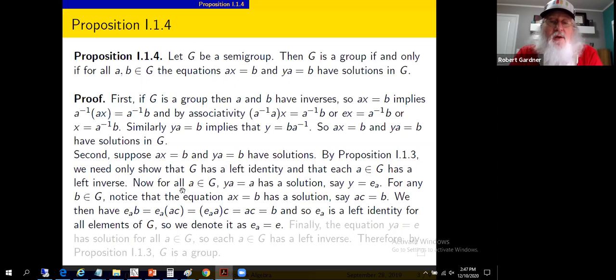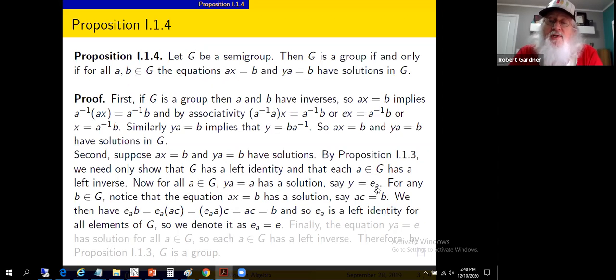Okay, so we're assuming for all A, YA equals A has a solution. Remember, A and B could be anything, including B could be A itself, as far as that goes. So we're considering YA equals A. We know this has a solution. That's the hypothesis.